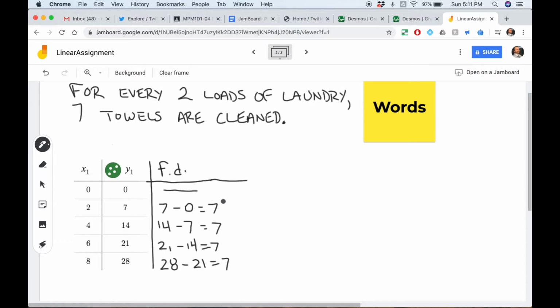We could look at this as the rise. So if I want to find the slope of this relationship, slope is rise divided by run. Okay, my rise is 7.